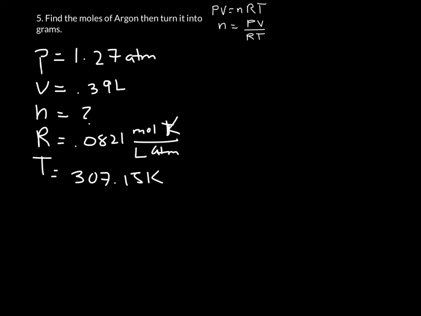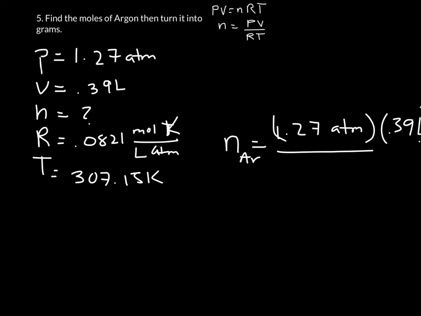So we take all the information we have and solve for moles. n of argon is equal to 1.27 atmospheres times volume, 0.39 liters, and divide it by the R constant, which is liters times atmospheres over moles times temperature, and our temperature, which is 307.15 kelvins.